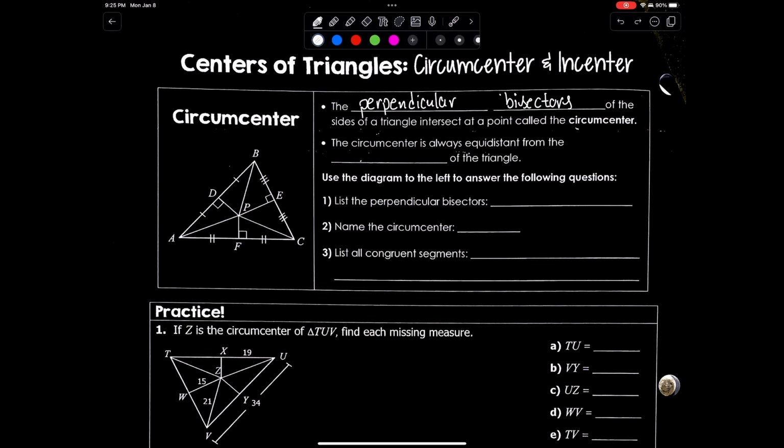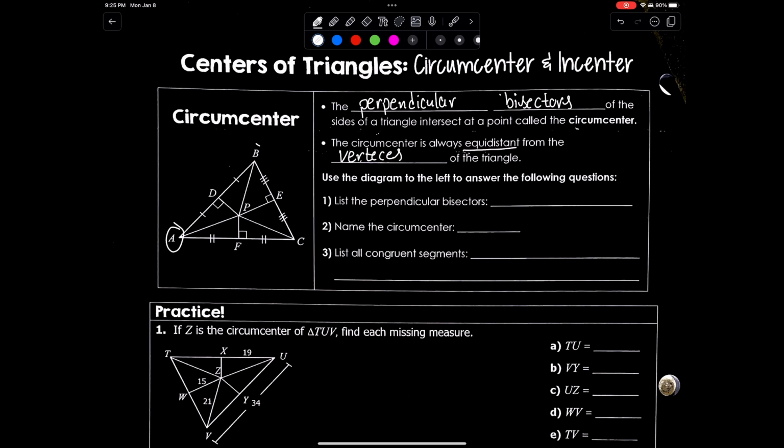So this is the weird part. The circumcenter, this point P, is always equidistant, which means it's the same distance away from the vertices of the triangle. The vertices of the triangle are where the sides of the triangle meet.